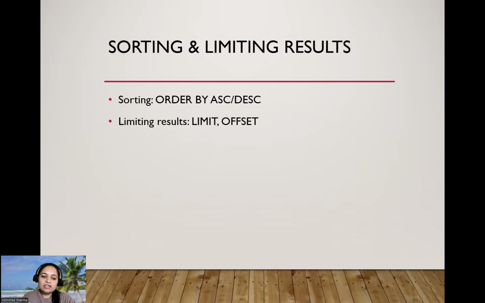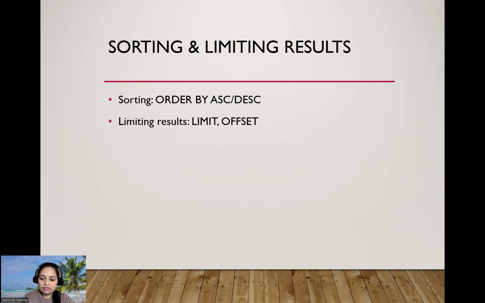Why do we use limit? Because we are telling MySQL that I want to get this number of records only. And offset is used because we are telling where to start. Let's suppose I want to fetch the first 10 products from the DB.